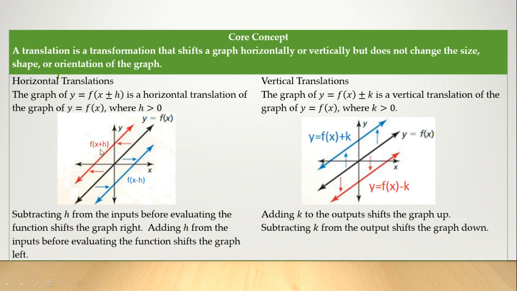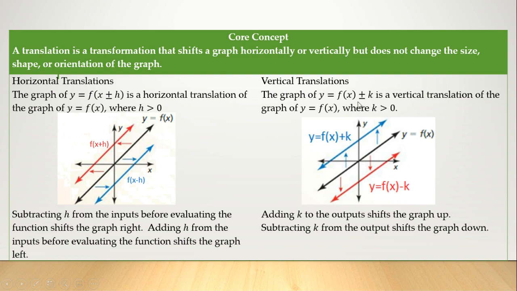Okay, now also notice down here, we get even more specific. If we're adding a number to the input inside of these parentheses, that takes this graph and moves it to the left. If we subtract h inside of those parentheses, that's going to move it to the right. Now also notice the difference between what creates horizontal translations and what creates vertical translations.